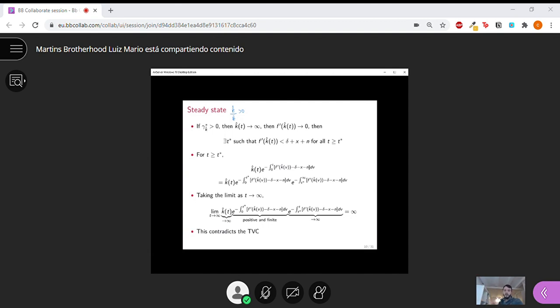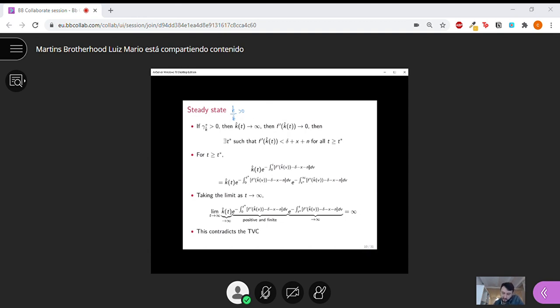Okay, so we saw some variables that have this property in this model. For example, population. In this model, population grows by a fixed proportion, and it goes to infinity when time goes to infinity. So if this happens, we're going to have K hat going to infinity. Remember that by Inada, this means that the marginal productivity of capital is going to 0.